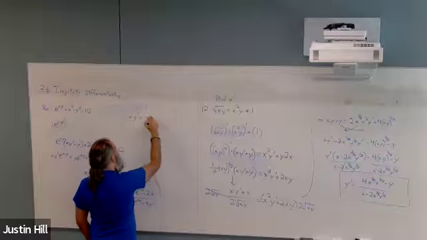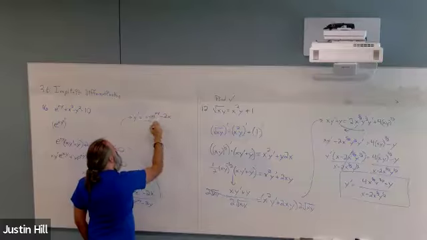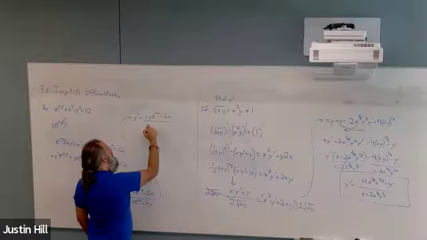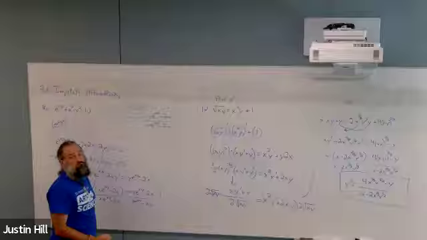I'll keep the negatives where they are. Negative y e to the xy minus 2x on the top, and x e to the xy minus 2y on the bottom. That's our answer.